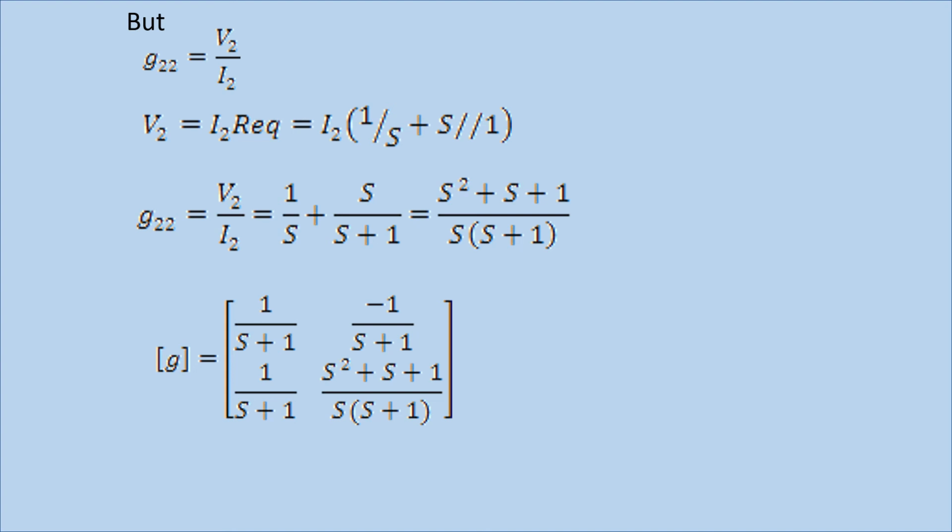So we can see from there that G12 and G21 are reciprocal, because your G12 is equal to minus G21. That's the condition for reciprocity.